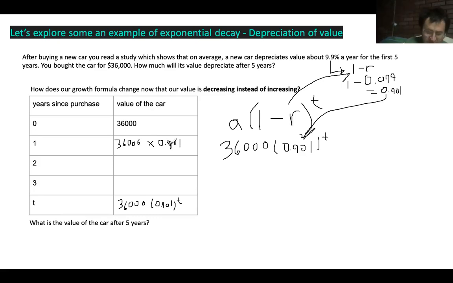And after that first year, I'm down to 32,436. And then I multiply by 0.901 again. And again.